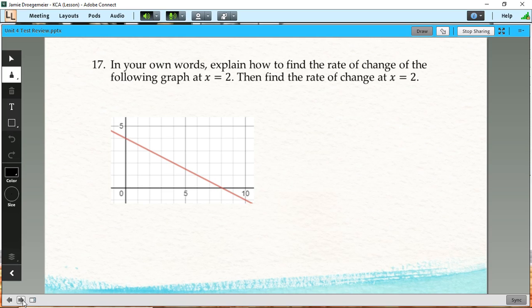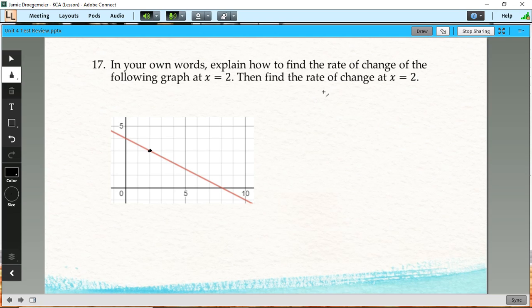All right, and then finally, number 17 says, in your own words, explain how to find the rate of change of the following graph at x equals 2, and then find the rate of change at x equals 2. So x equals 2, the point on that graph is right there.